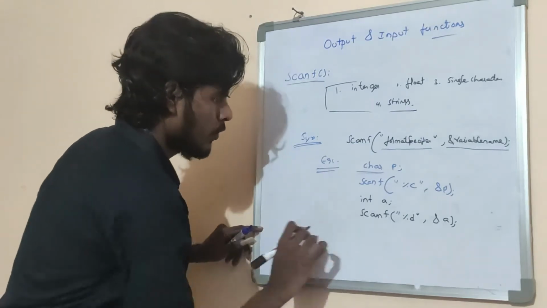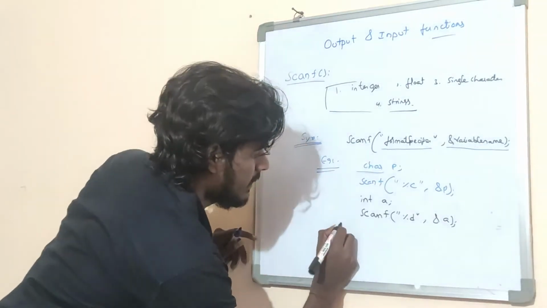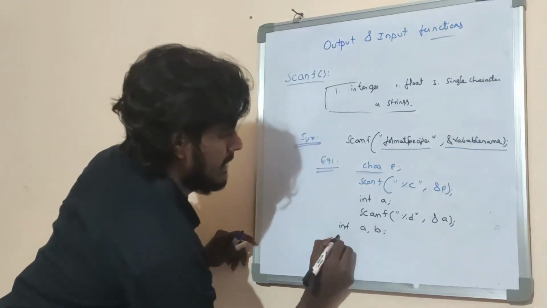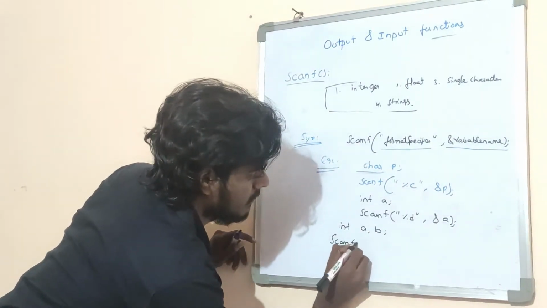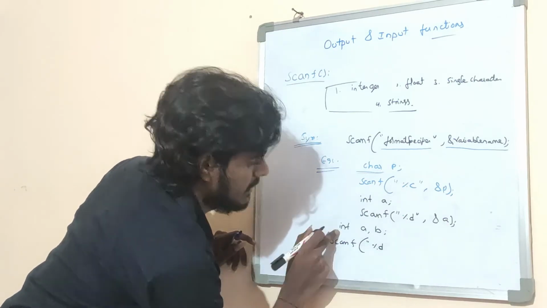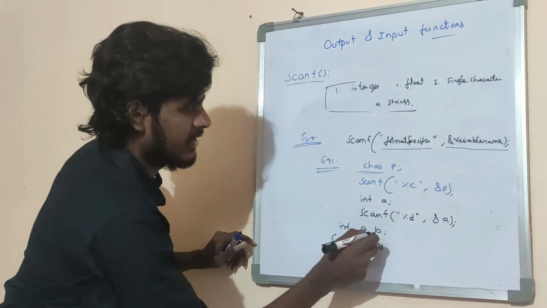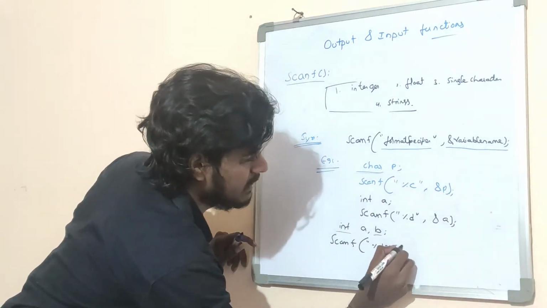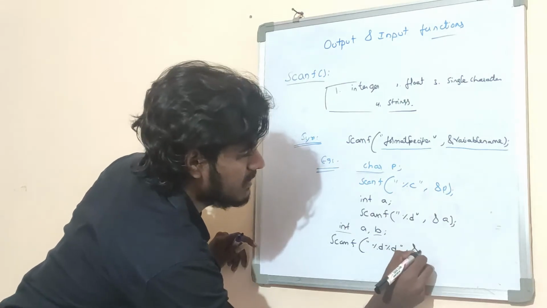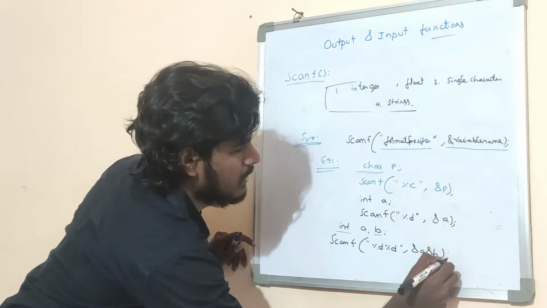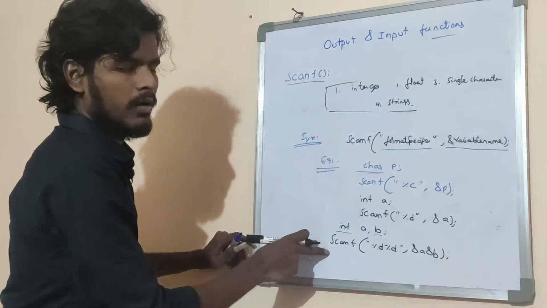Like int a, b, scanf %d %d, since a and b are both integers, then address of a, address of b. This is the format for two or more variables.